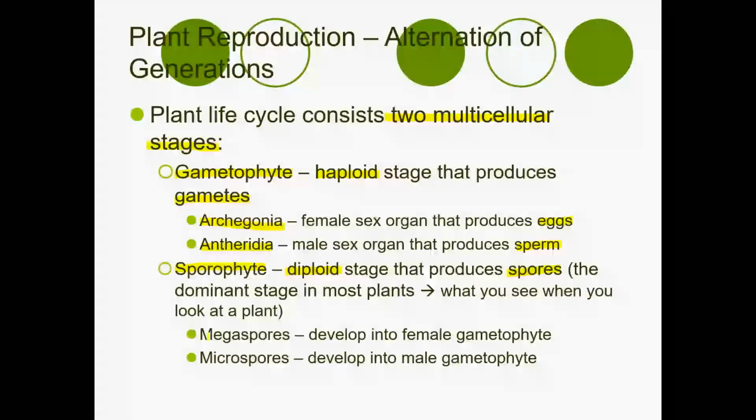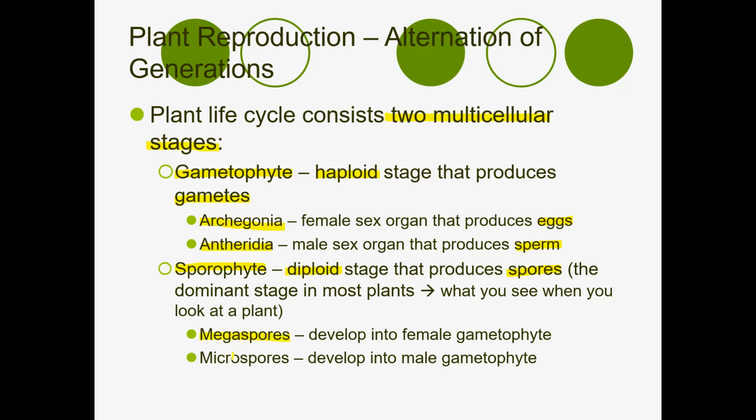Once again, we can have kind of male and female versions. You have mega and microspores. So the mega means big, micro means small. And so for a second, I want you to think about egg and sperm, okay? Even though these are not producing the egg and sperm, these are going to give rise to those gametophyte structures. So eggs are way bigger than sperm are, okay? So the mega would be the female, all right?